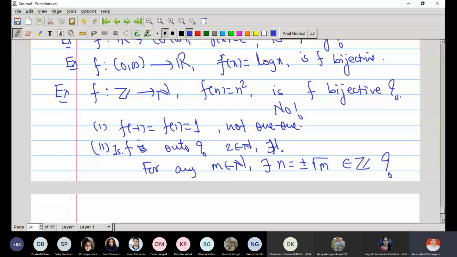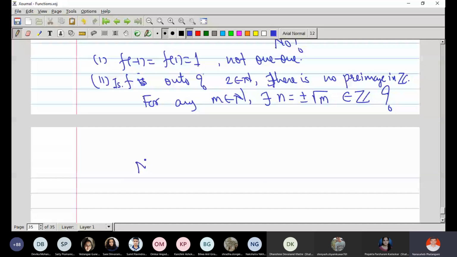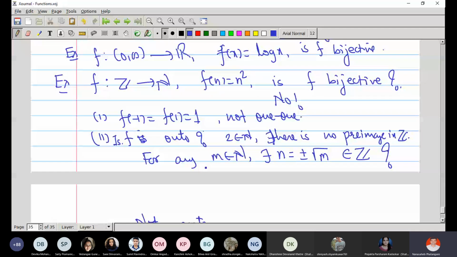There is no preimage in Z, right? So for 2 in the codomain, it has no preimage because its preimage would be square root of 2, which is not available in integers, right? So therefore not onto. So this function from integers to natural numbers is neither 1-1 nor onto. But it is a function, no problem.